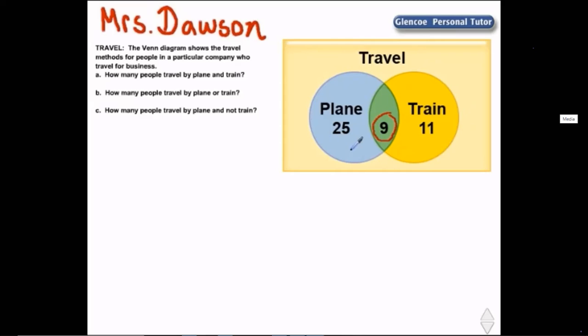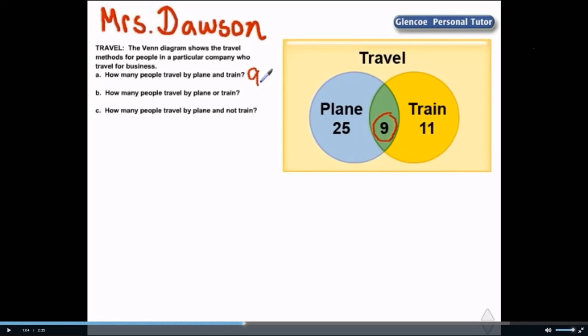In this case, we were looking for the intersection of the two sets. 9 people. And when she said the word intersection, it was specific because the word and is a conjunction, and it also has to do with the intersection of two sets. And it's true only if both are true. Travel by plane and train.